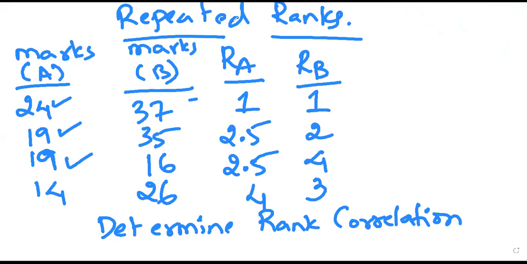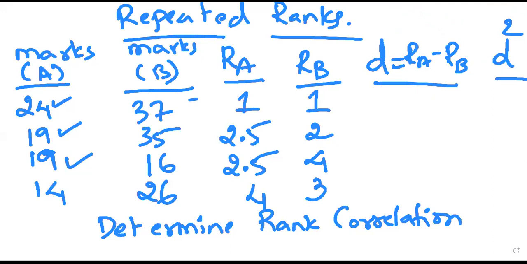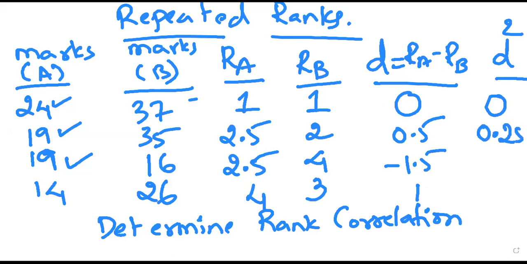Next, you have to find the difference between the ranks, like what you have done in the previous problem. The difference between the ranks: 0, then 0.5 minus 1, square is 0.